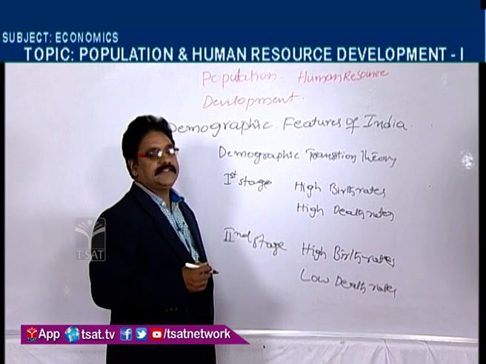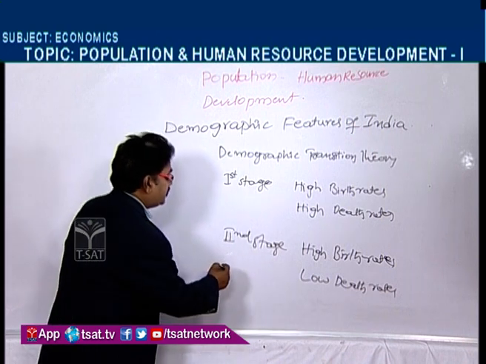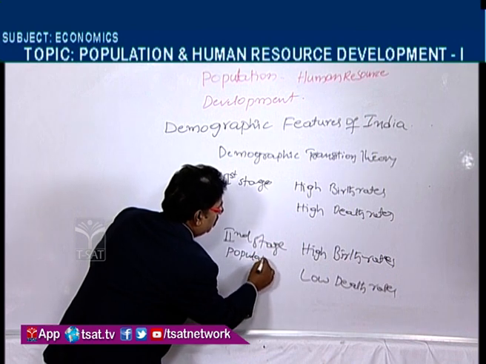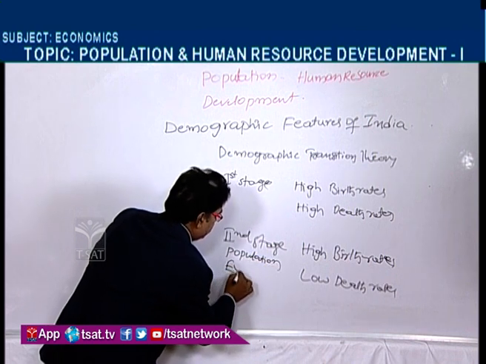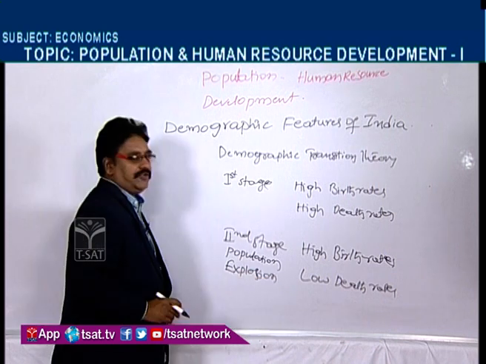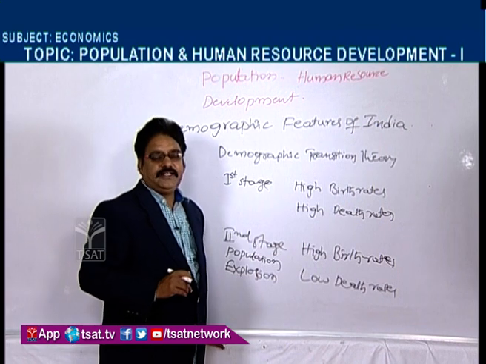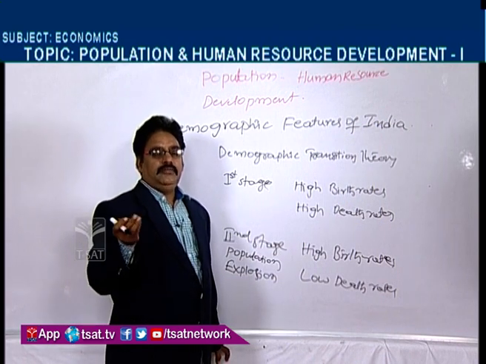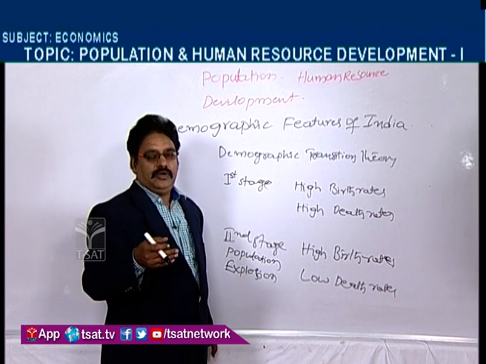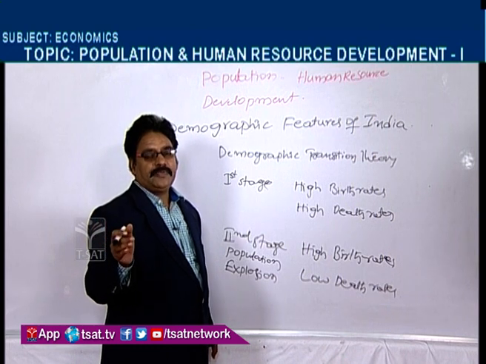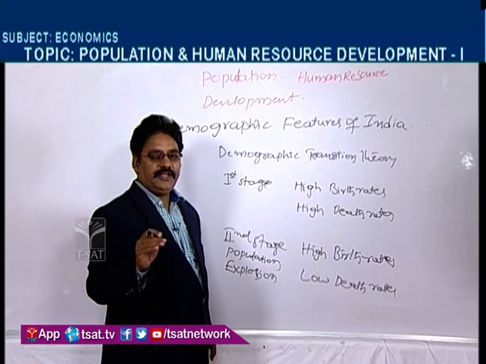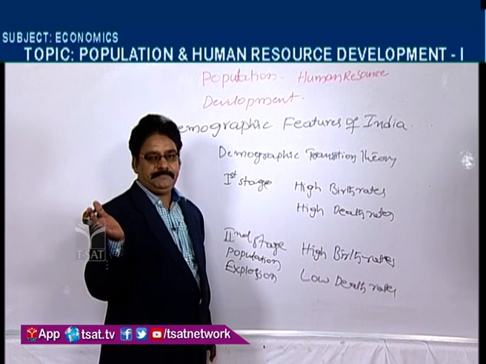So in this second stage, we observe population explosion. Population explosion means high birth rates are there, and because of the facilities provided by the government or in the process of development of the country, the death rates declined considerably, so the population increases rapidly.